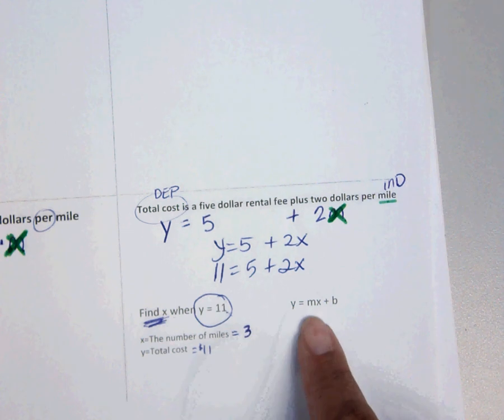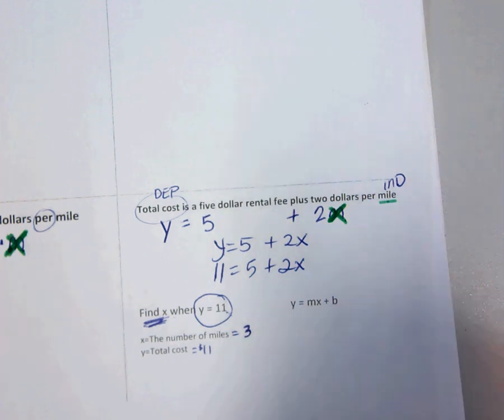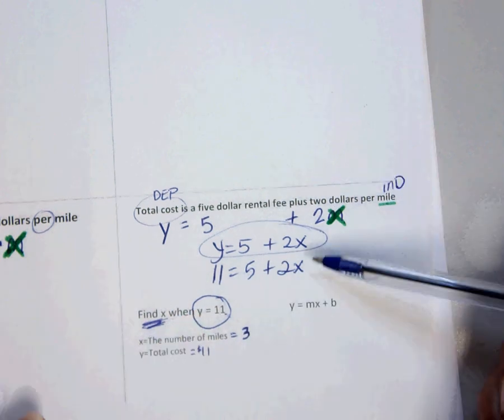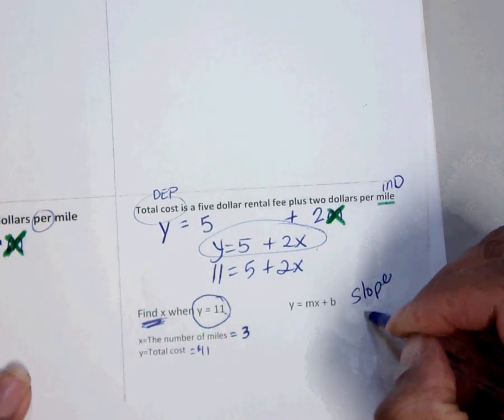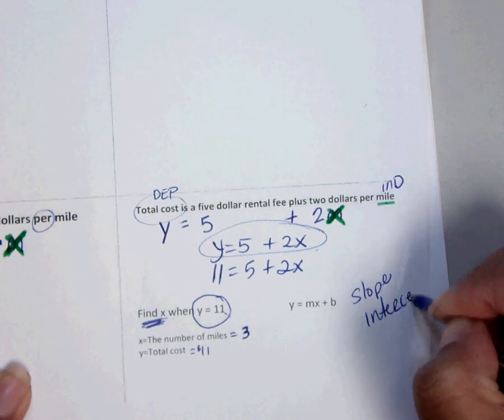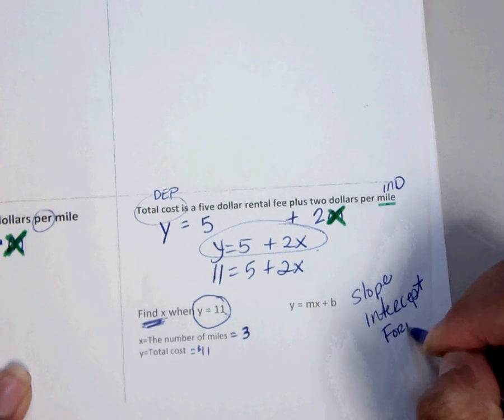Now I put this y equals mx plus b here so that you could see that this is y equals mx plus b. It is what we call slope intercept form.